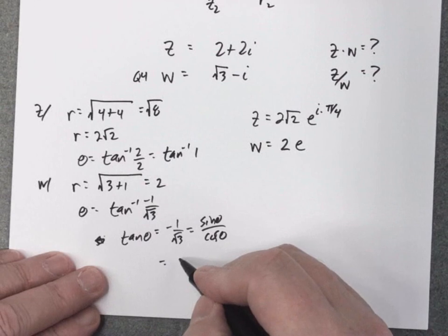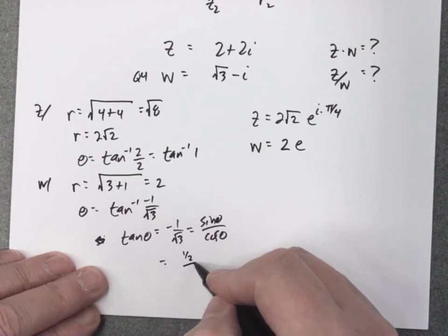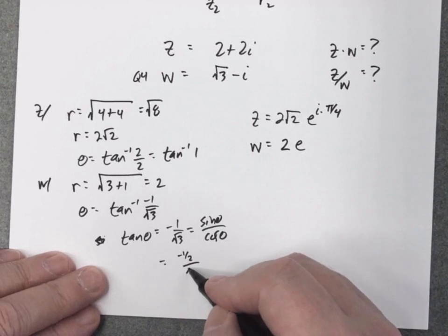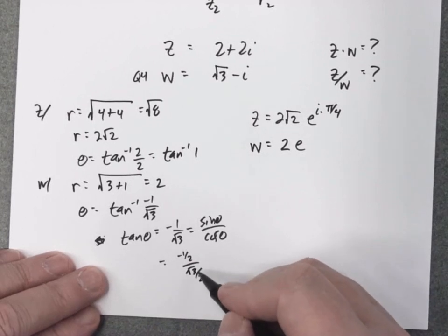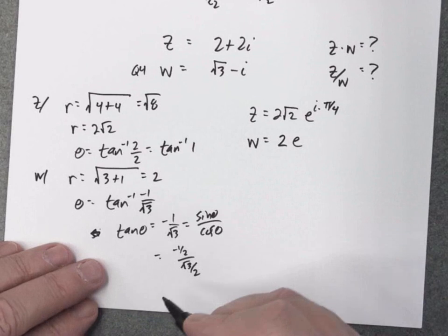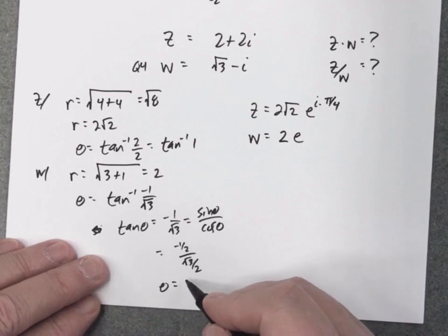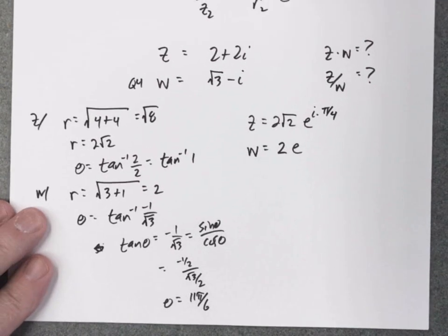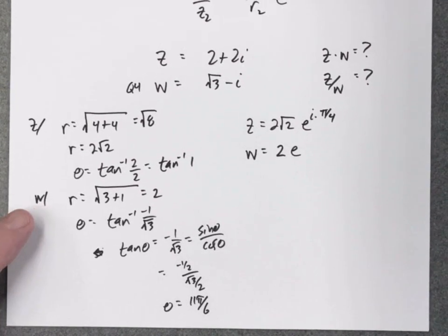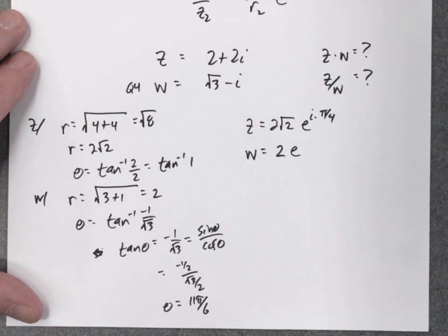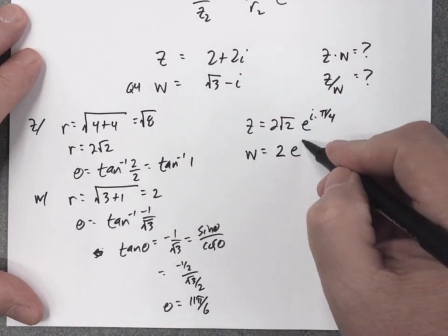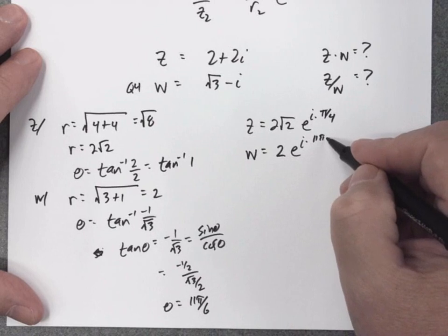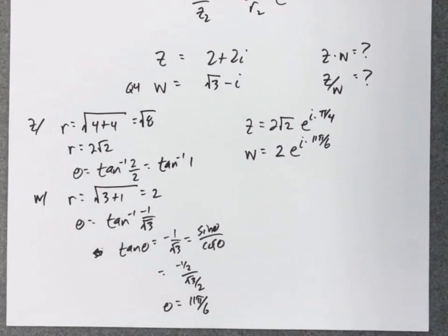What we want is the sine is negative 1/2 and the cosine is square root of 3 over 2. And that happens when theta is 11 pi over 6. So the angle for complex number w is 11 pi over 6.